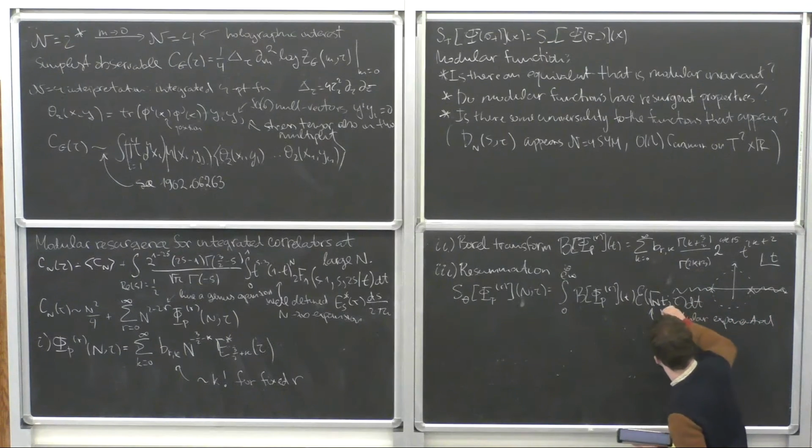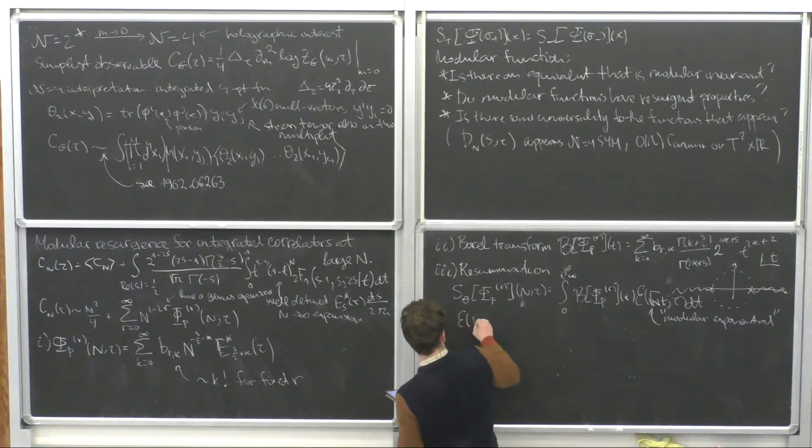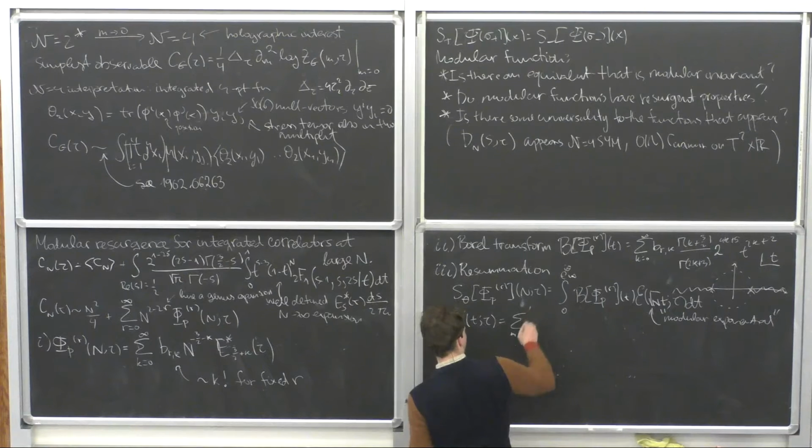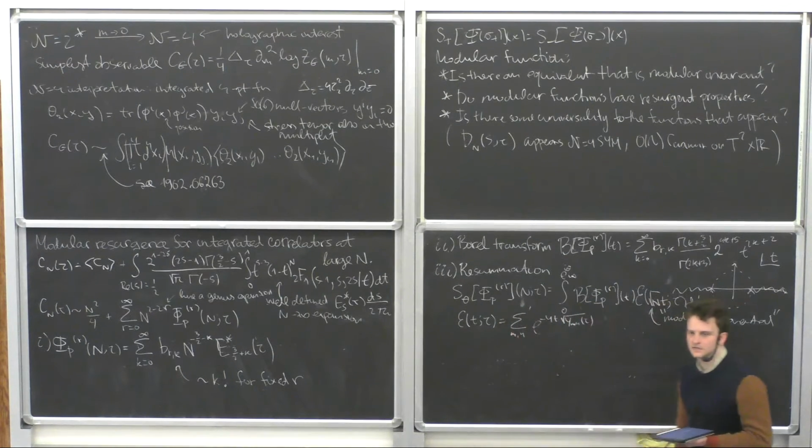So this is like this. And epsilon of t and tau is defined to be a sum over m, n, excluding 0, 0, of e to the minus 4t square root of y_mn of tau.